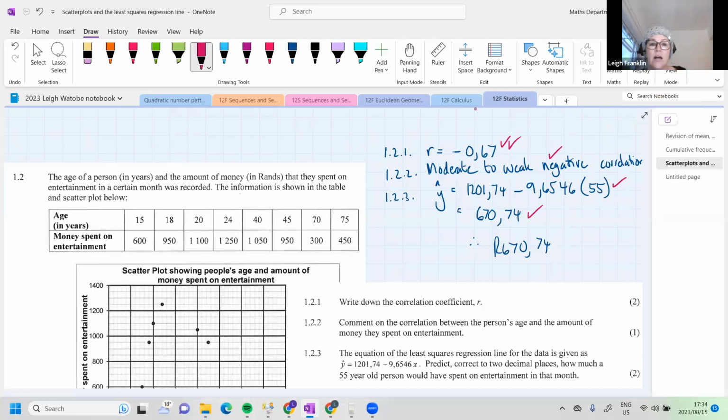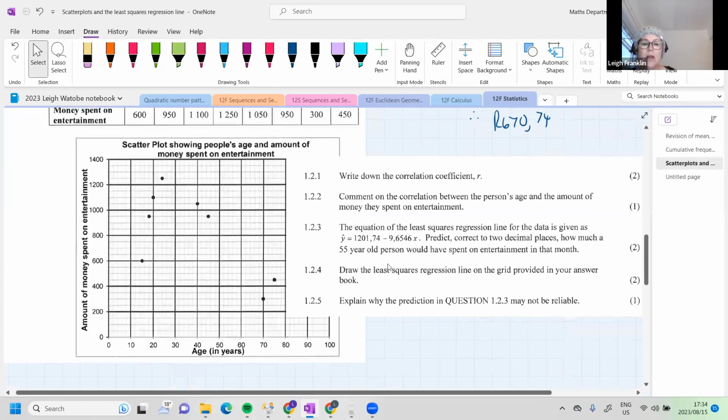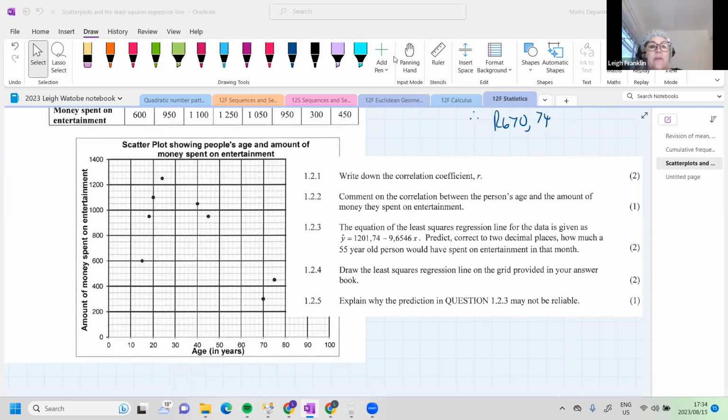Now, they want us to draw the least squares regression line on the grid provided. Now, however, this is going to be very different. Oh, you didn't see. Oh, good, Tuelo. It was given to us, Chantal. Here in the question, it says, predict, correct to 2 decimal places, how much a 55-year-old person would have spent on entertainment.